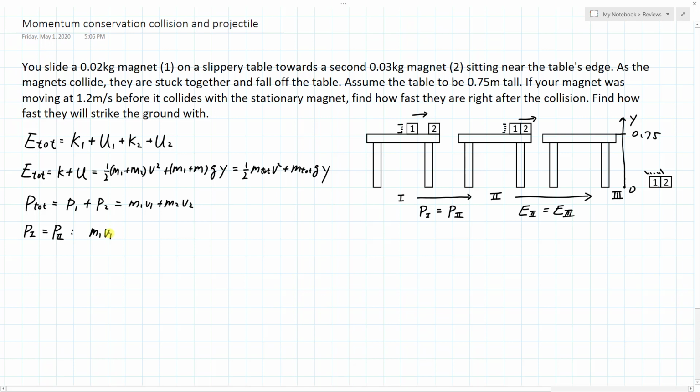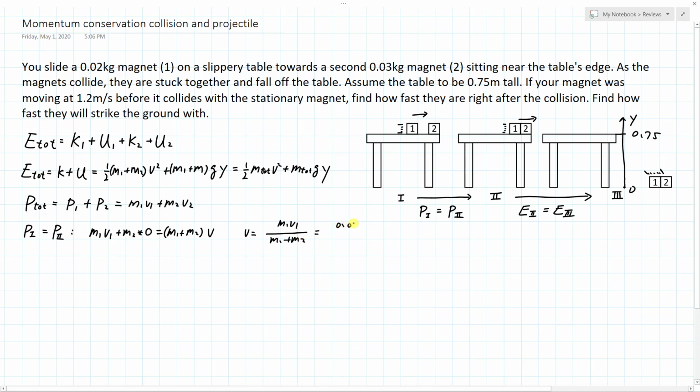This is the initial. 1 is moving toward the 2, but 2 is not moving, so the 0. And then they're stuck together, so they're moving at the same final speed. We can call this a V. Alright, so we're supposed to solve this V. Shouldn't be too hard, we just plug in the values. So the V is equal to M1 V1 over M1 plus M2.